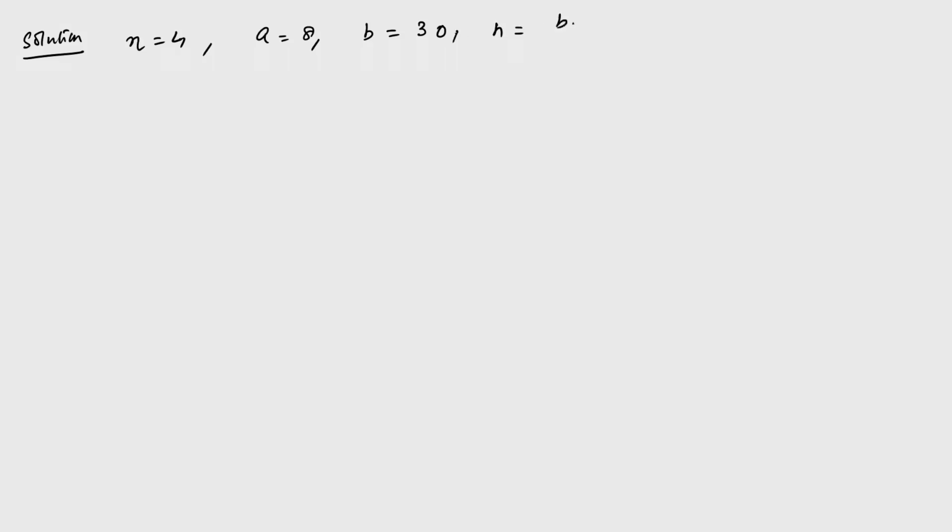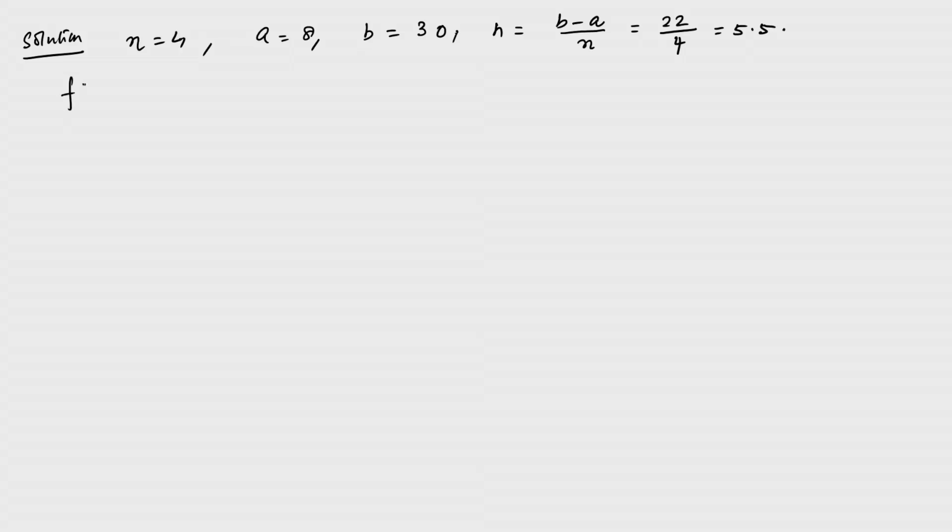So, n is now 4. We have n equal to 4, a equal to 8, b equal to 30, and h, which is the step size, is equal to b minus a divided by n, which is 22 by 4, which is 5.5.